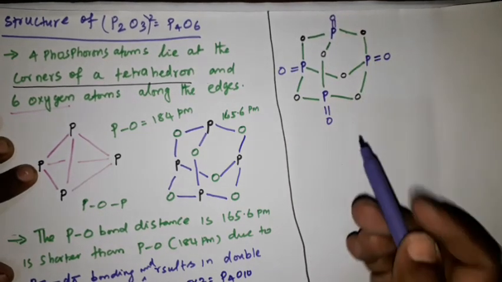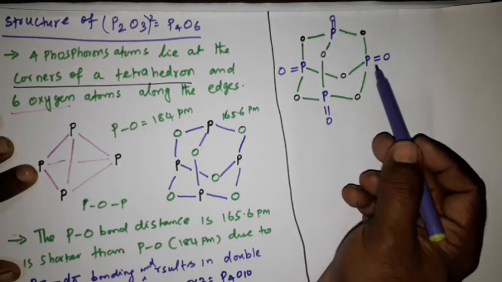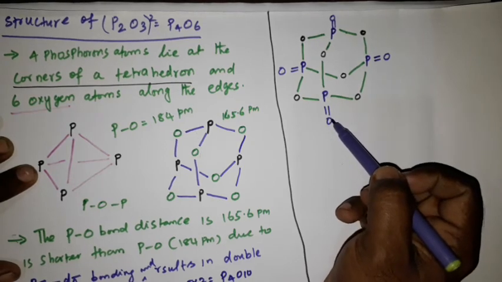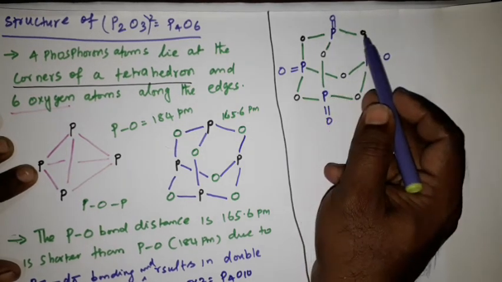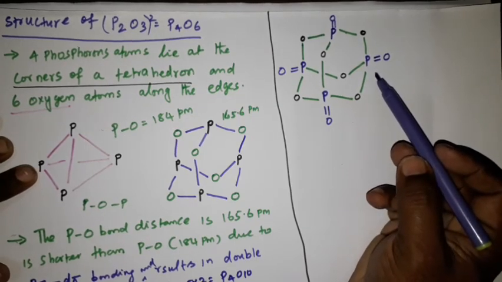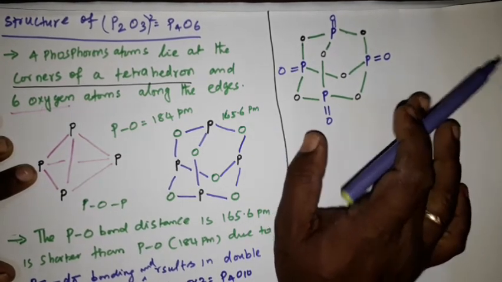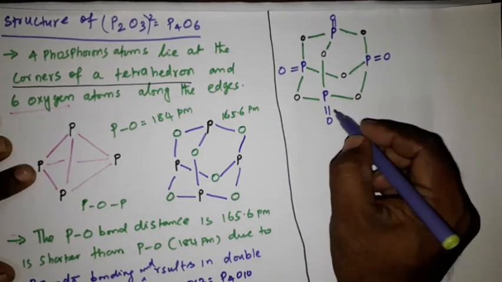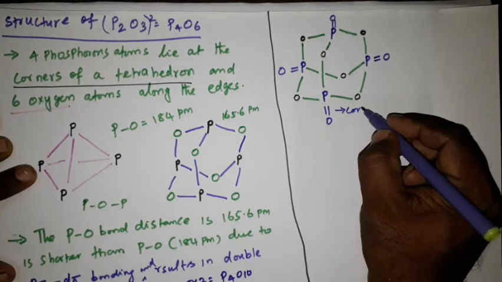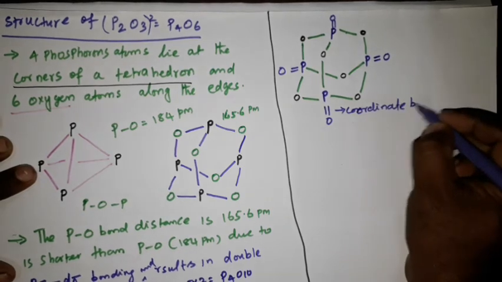The total is 10 oxygen atoms; 6 oxygen atoms already come in P2O3, then here 4 more, so 10 oxygen atoms are there. So this is the structure of P4O10. So this is the coordinate bond. Clear?